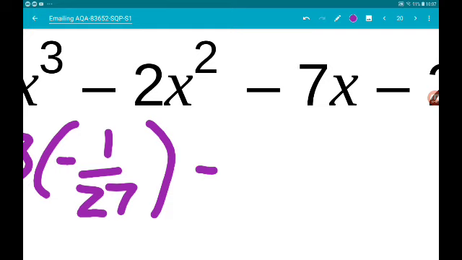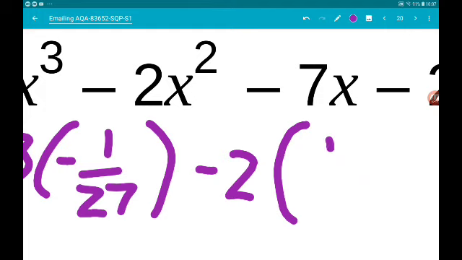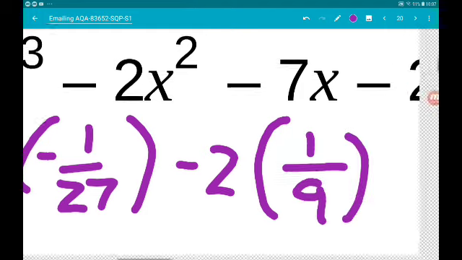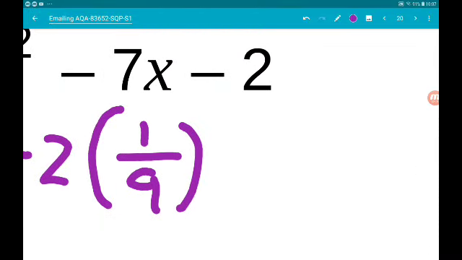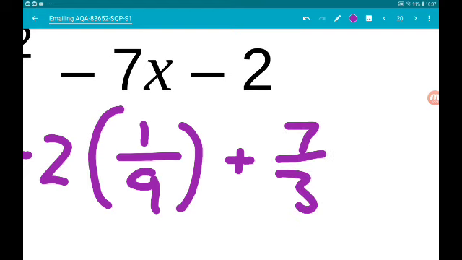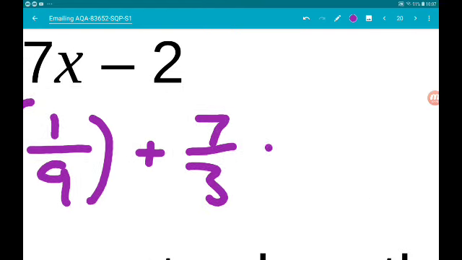Minus 2 lots minus a third squared is positive 1/9. Minus 7 times minus 1/3 is add 7/3, and then we got minus 2 at the end.